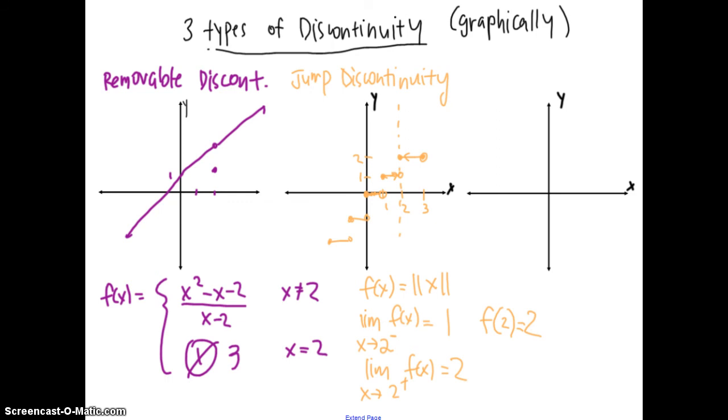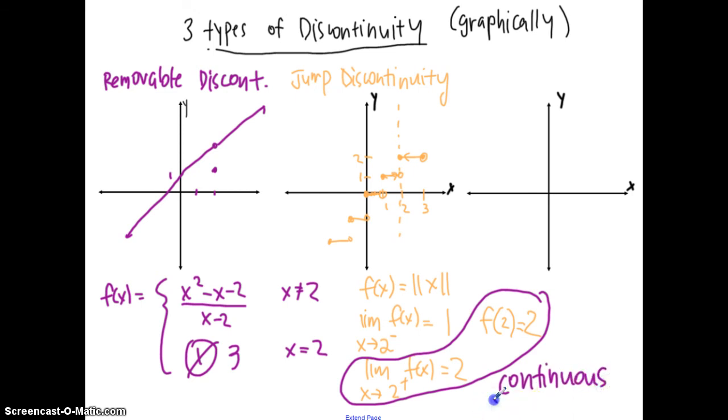If you have something like this, where a one-sided limit is equal to the actual output at that point A, then we call this continuous from the right, because the limit from the right-hand side is equal to the output at that point A. If this happened to be equal to the limit from the left, of course we would call it continuous from the left.